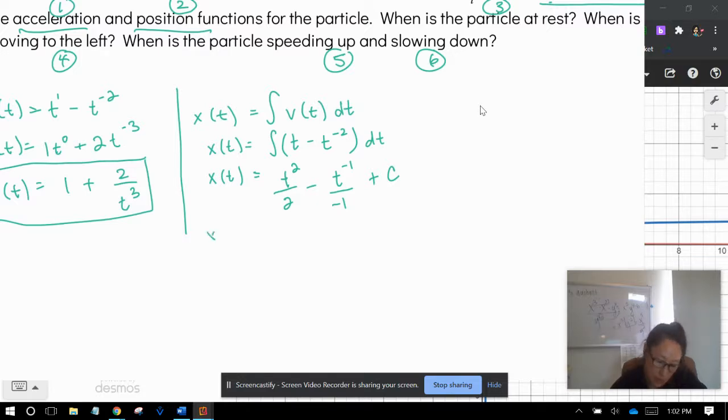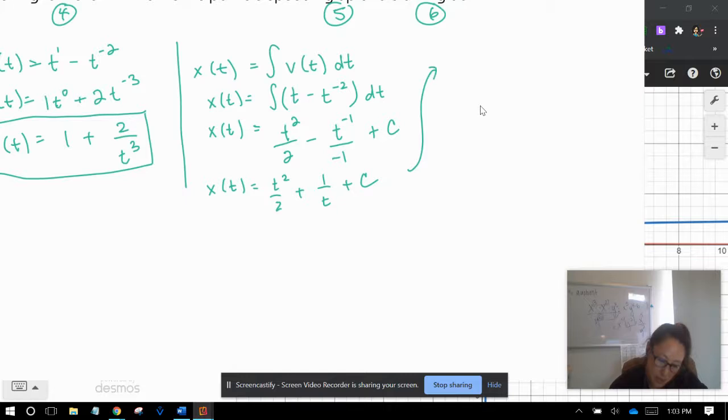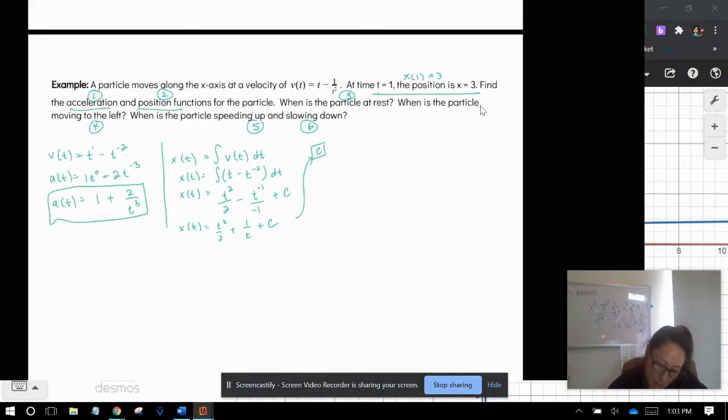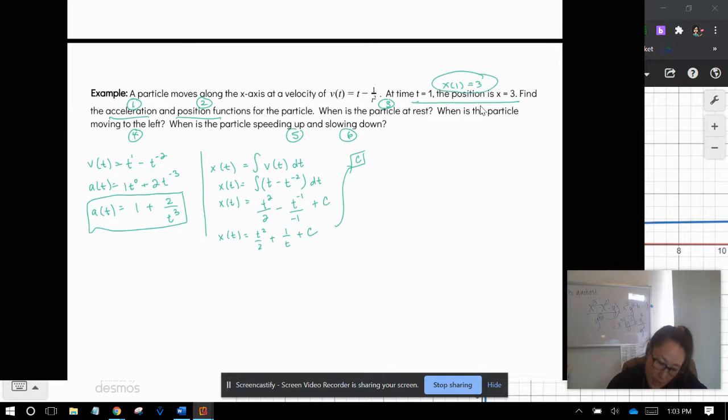So I get x of t is equal to t squared over 2 plus 1 over t plus c. And then let's go ahead and solve for our c value, which is, I know that at x of 1, we have a position of 3. Okay.